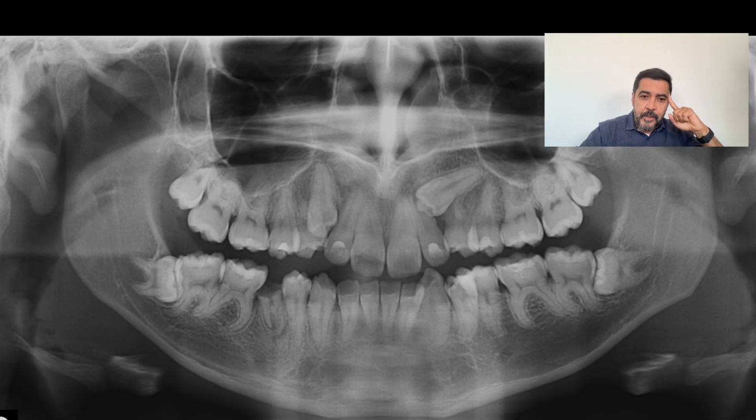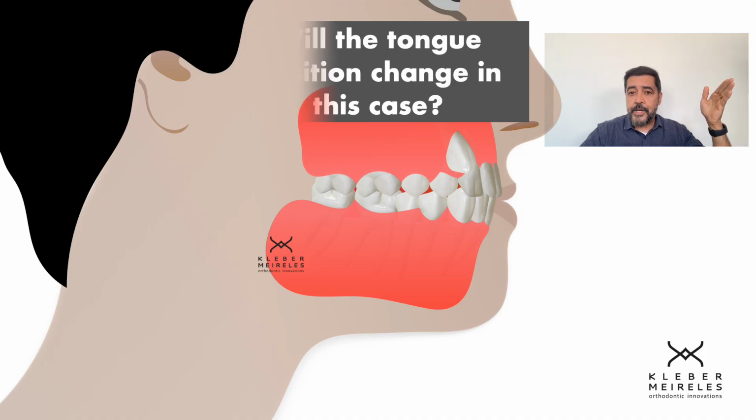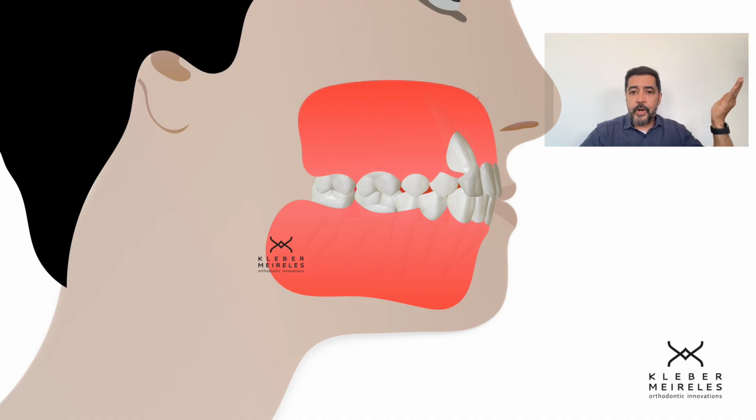Think about it. Maybe you think when you do that, you're protecting your patient because maybe you're collapsing the tongue distally and then generating breathing issues. Well, is it really going to happen? Come on, take a look at this. This is a class 1 case if you consider the canine absent from the equation.